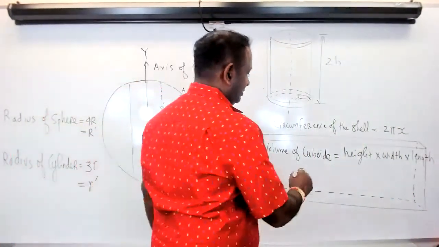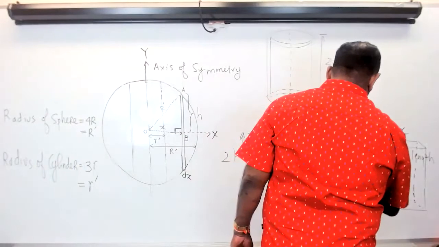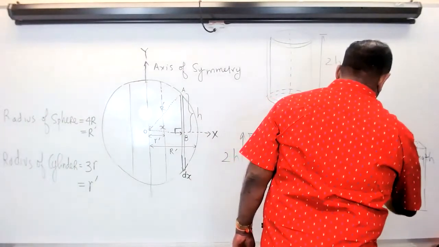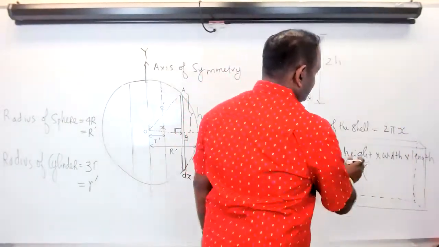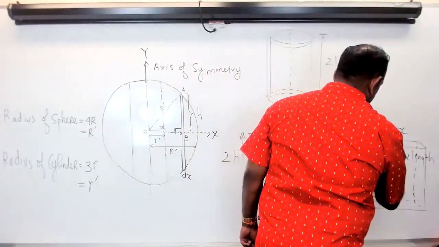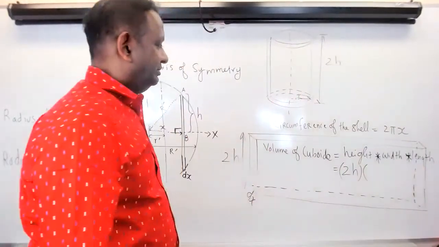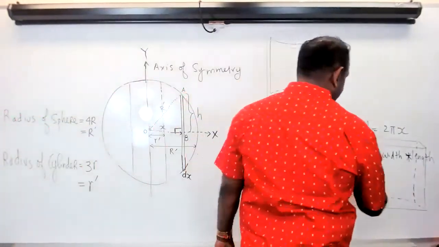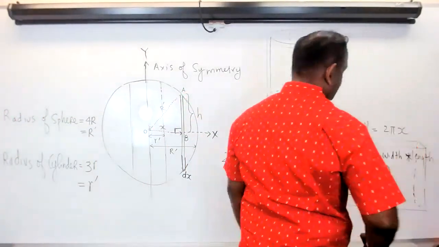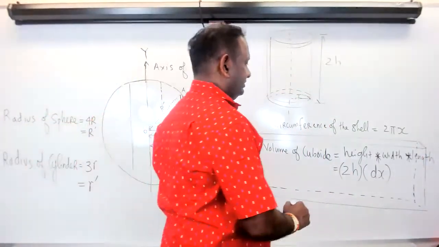Height is 2h, multiplied by width dx, times length 2 pi x.